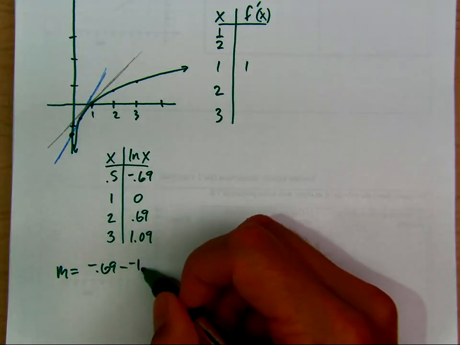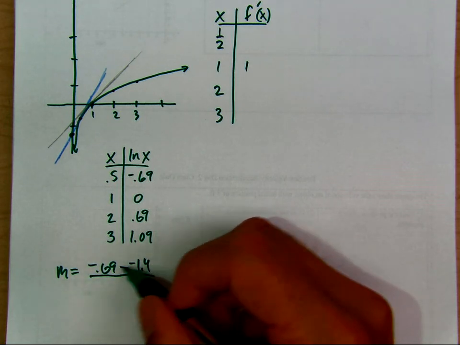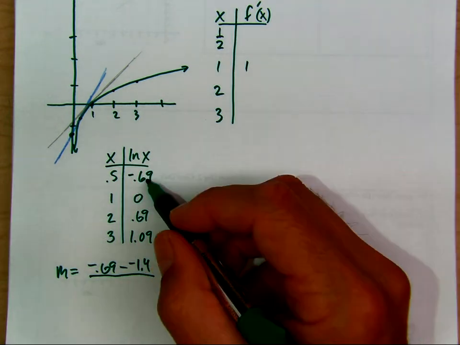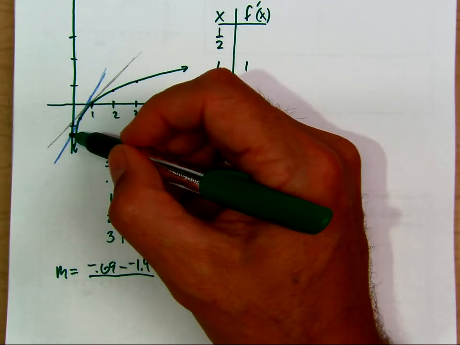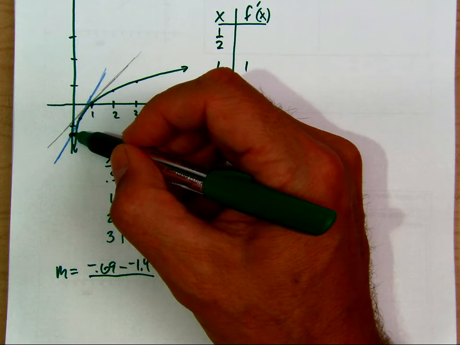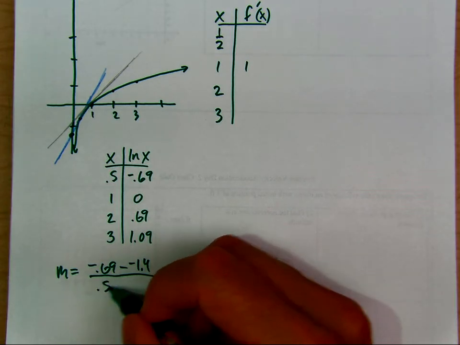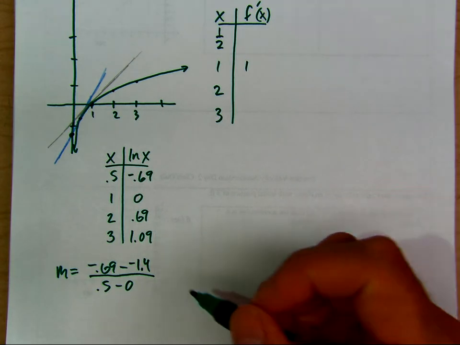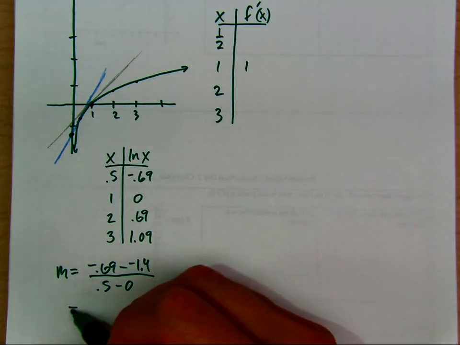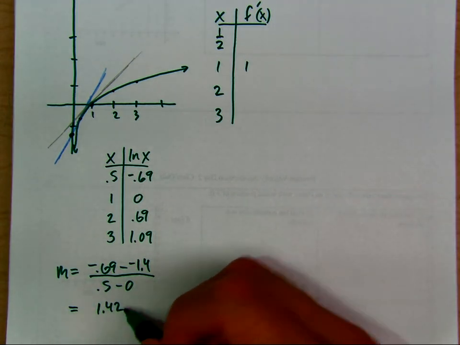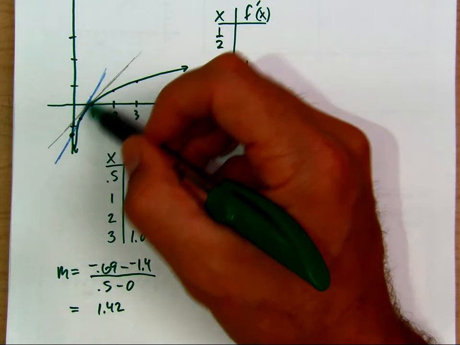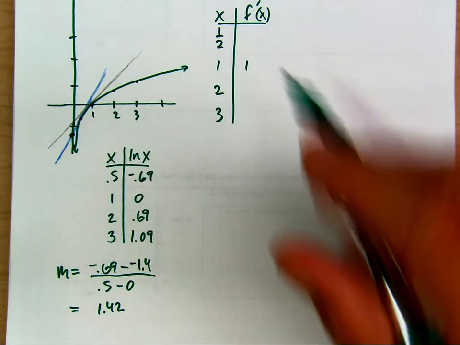So that's negative 1.4. That's y minus y. So we have a y value and the y value of this, and then we're going to have the x value, which is 1/2 minus 0. And we'll say that is 1.42. So we'll say the slope of the blue line looks like it's about 1.42.